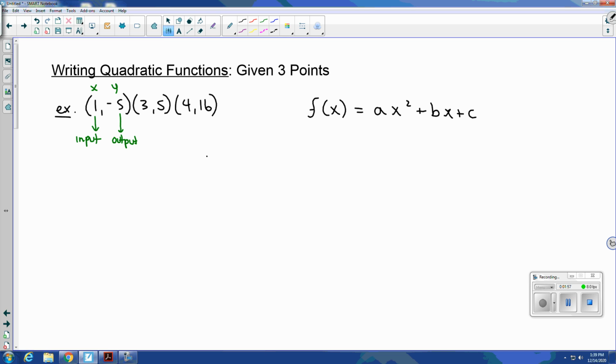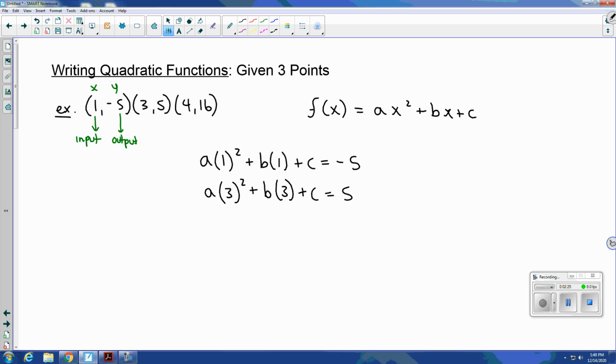When we plug in 1 for x in the quadratic we're looking for, the equation should output -5 based on that coordinate. Additionally, the second coordinate is telling us that when you plug in 3 to this quadratic equation, we're supposed to get 5. And when we plug in 4, we're supposed to get 16.